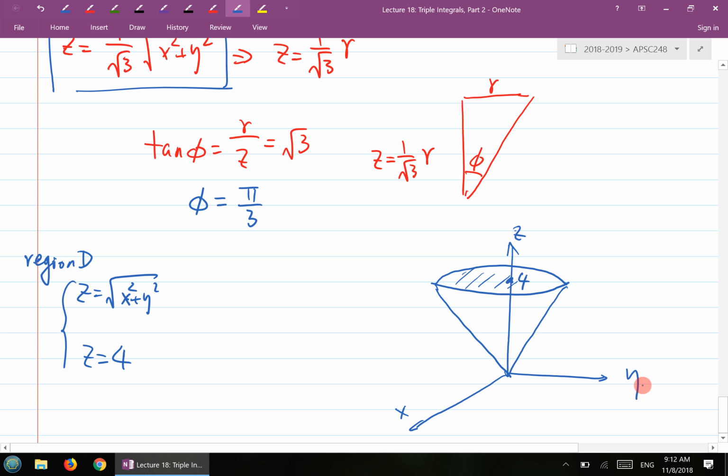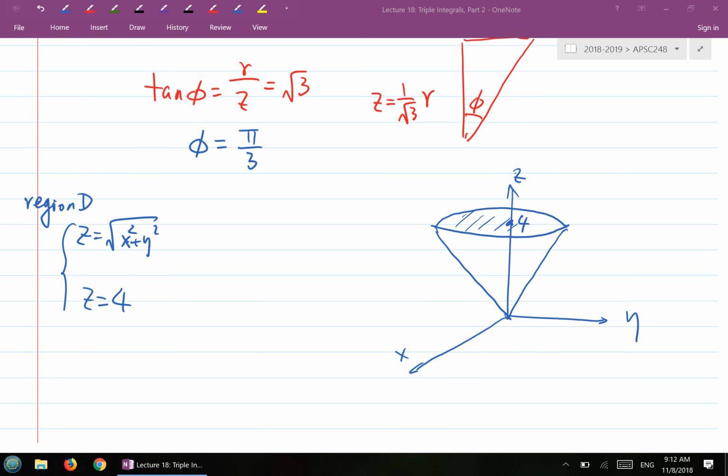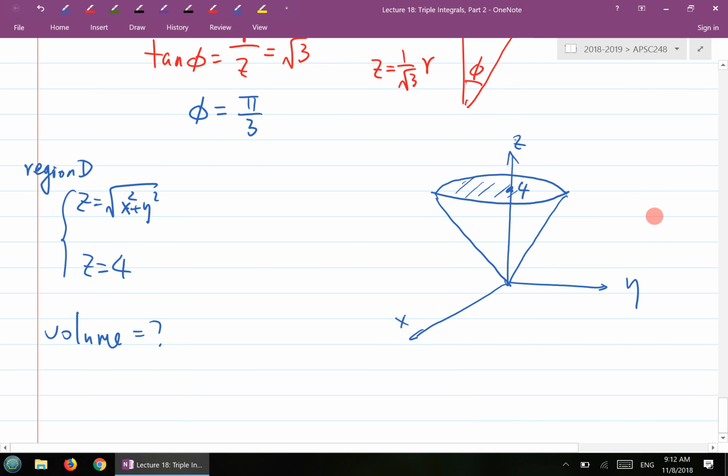If this is the region D, can you find, let's say, the volume using cylindrical coordinates? Let's practice two different orders here, other than the traditional order. But let's try the traditional order first. If the first order is our typical dz, dr, d theta, what will be the limits for dz, dr, d theta?